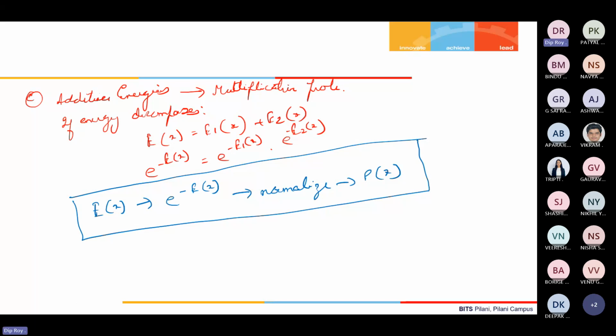Now, this is the mathematical part of why and how we use energy, how we correlate energy and probability. Low energy state is equal to high probability state and vice versa. But now the next logical question that should pop up in your mind is, why do we even need energy instead of probability?